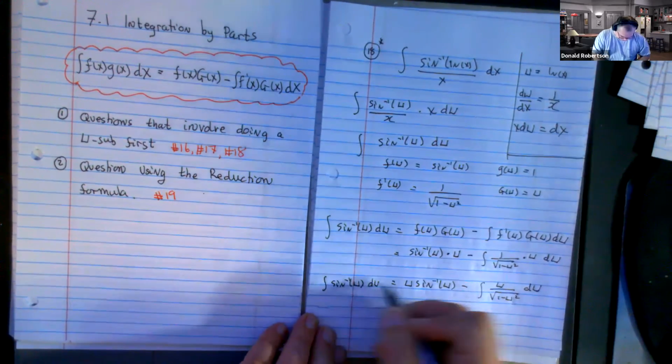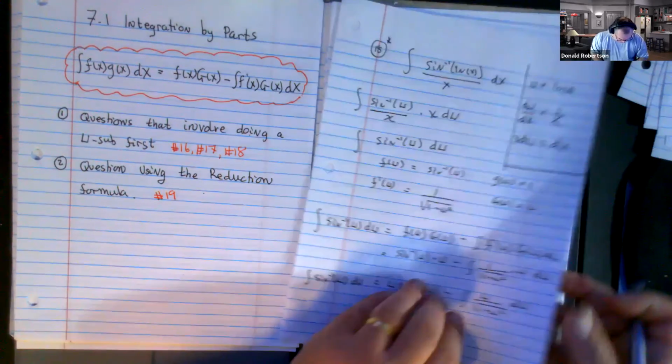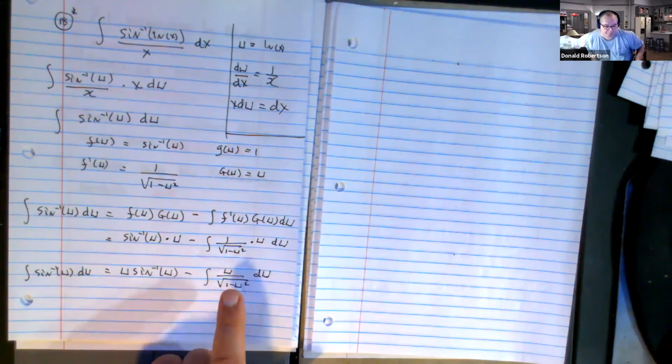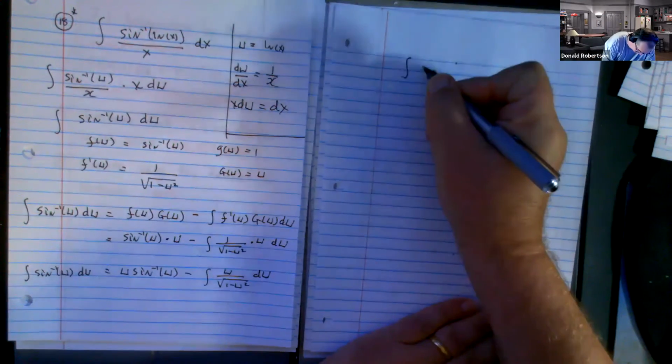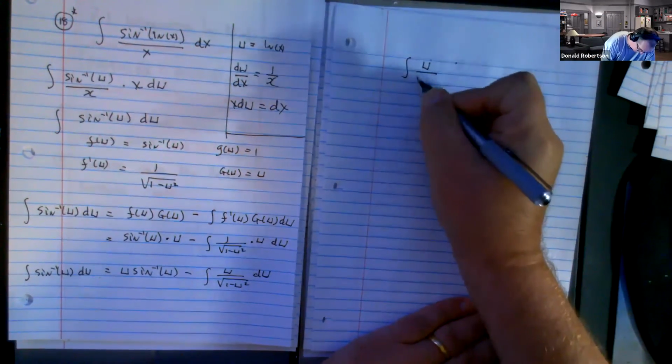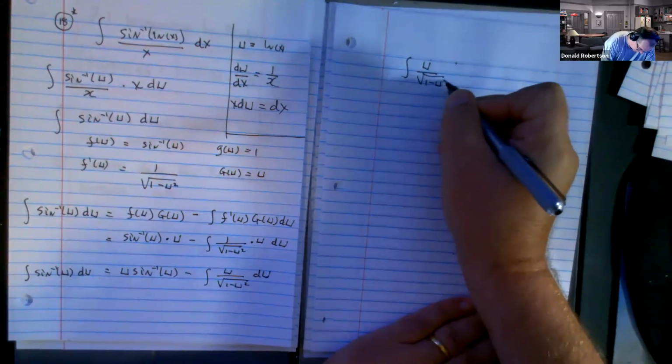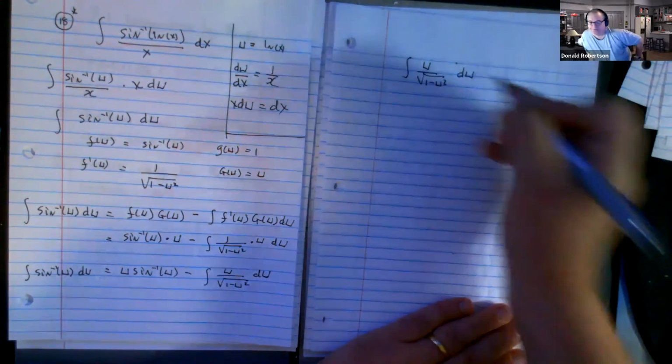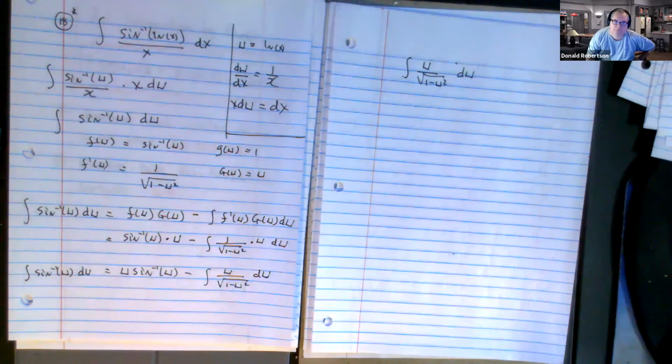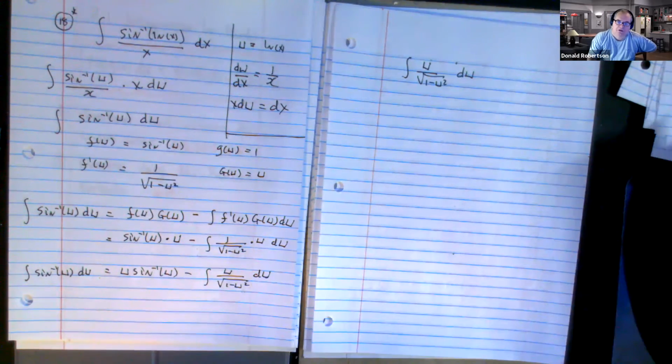Okay, we're here now. That's pretty much done, but we've got this fella, haven't we? We need to find what that guy is. What technique are we going to use to integrate this guy?